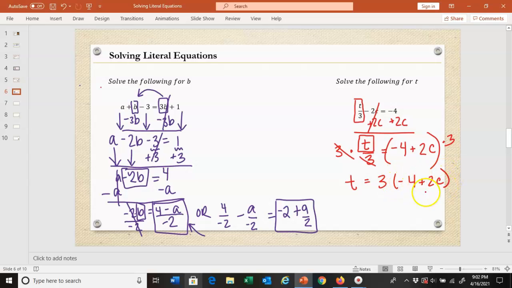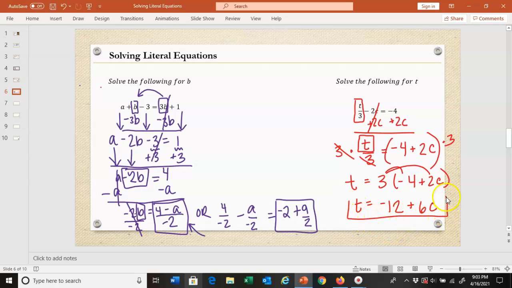Depending on what your teacher wants you to do, some teachers will have you leave it like this, and some teachers will have you actually multiply the 3 out. As you move forward in Algebra 1, you'll see the different times to use the different methods. So I'm going to show you both. We could just distribute this 3. 3 times negative 4 is negative 12, and 3 times 2c is 6c.